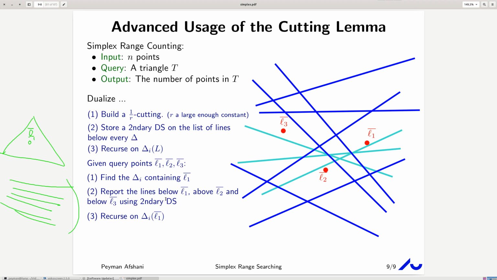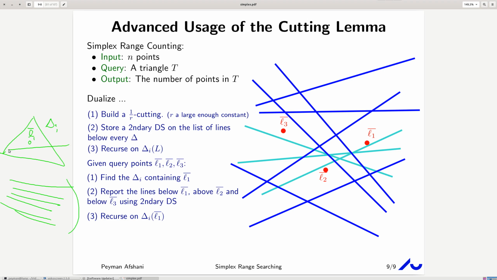So the query time here is like this. The query is to find some triangle that contains my L1. Then, using the secondary data structure, among the lines that are below this triangle, find those that are above L2 and L3. Since they are automatically guaranteed to be below L1, that subset is part of the output, so I output them.